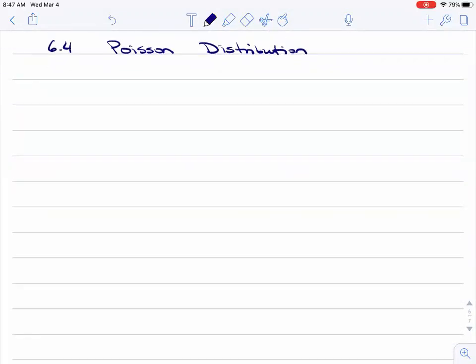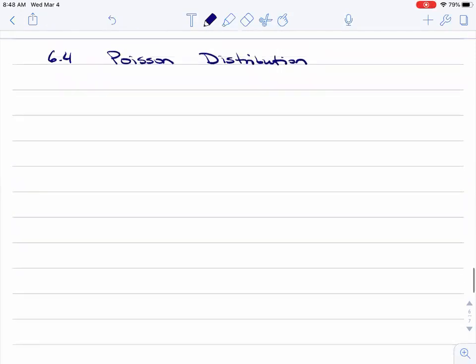Okay. So the Poisson distribution is a counting distribution. As opposed to the binomial, we actually need to know the rate at which things are going to be occurring. So if we know the mean rate, or just the rate, sometimes it's called.